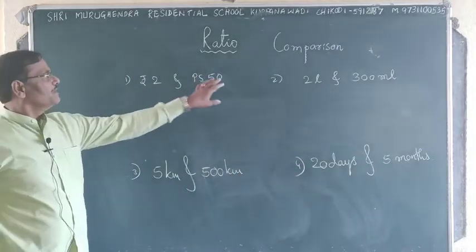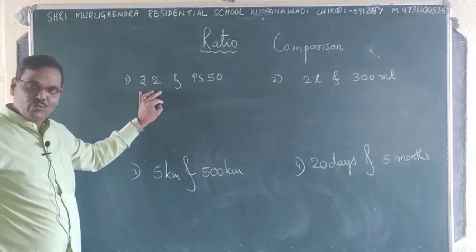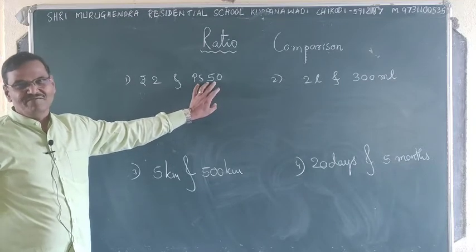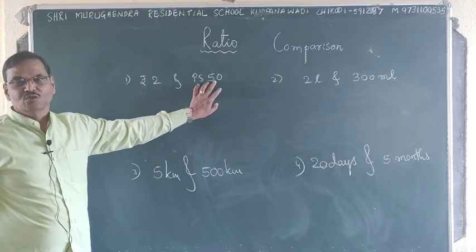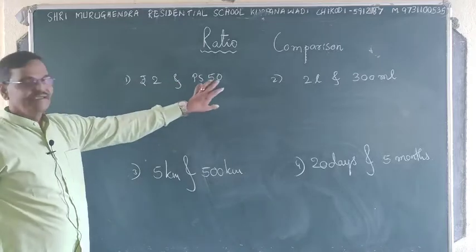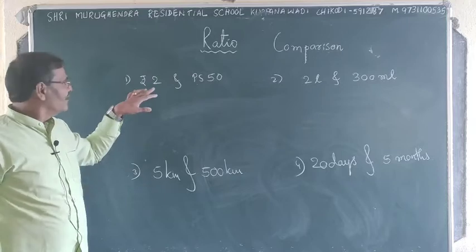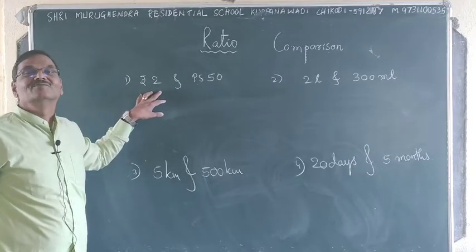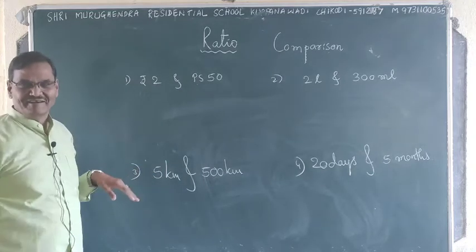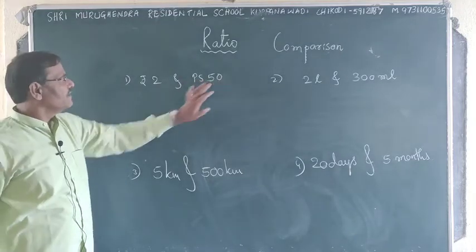Say Rs 2 and 50 paisa. Radha has 2 rupees, whereas Krishna has 50 paisa. This means Krishna has less money. Whatever it may be, here it is 2 rupees and 50 paisa.